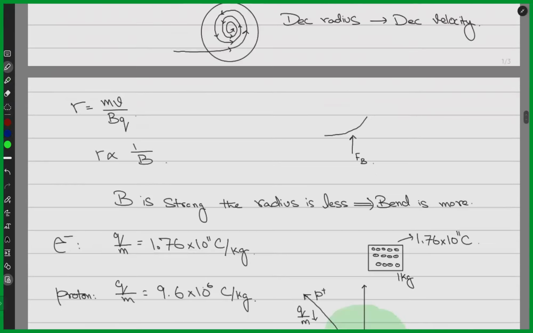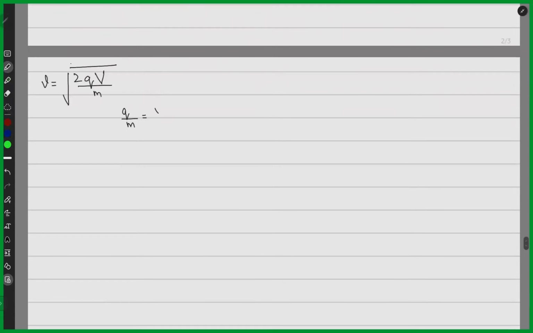V over RB, so velocity over R times B. So now let's replace this velocity with this expression. This gives me charge to mass is equal to square root of 2qV over m divided by RB.